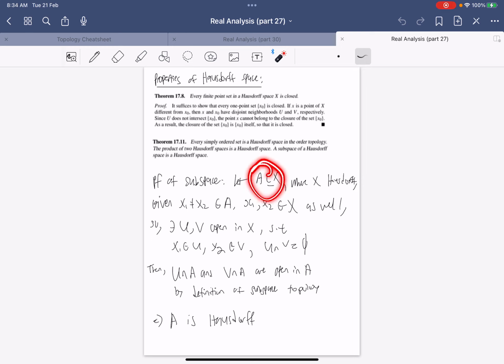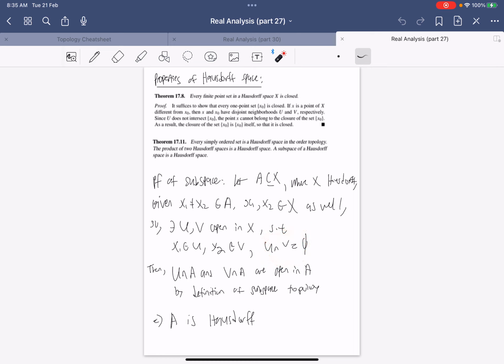So let A be a subset of X, where X is Hausdorff. We want to prove A is Hausdorff. So you take two points x1 and x2 in A, and you want to find disjoint open sets around them. Because x1 and x2 are in A, they are also in X. And as a result of the Hausdorff property, you can find U and V open in X such that their intersection is empty.